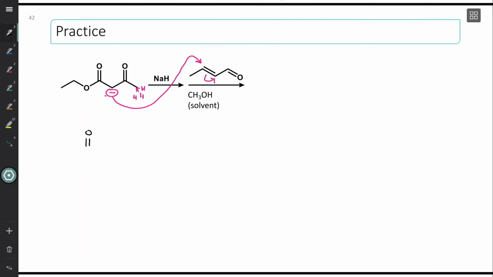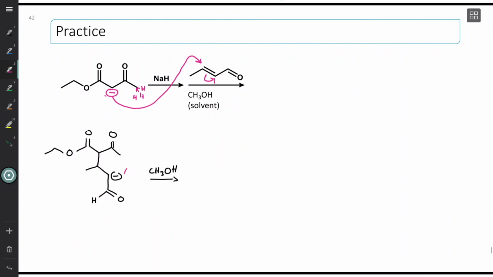So first step is like this. Now this negative charge, this new enolate, gets quenched depending on what you're using. In this case, the solvent is methanol.